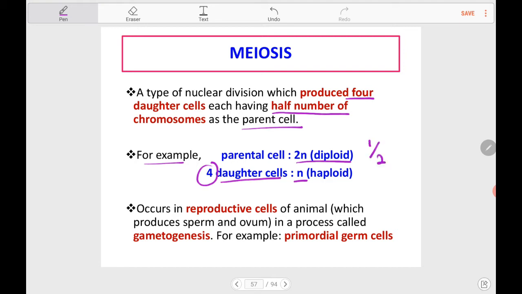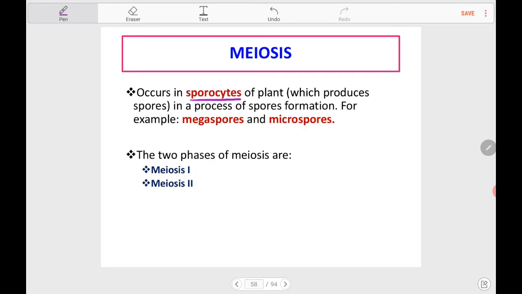So meiosis occurs in reproductive cells of animals, which produce sperm or ovum in a process called gametogenesis. An example of a reproductive cell is the primordial germ cell. In plants, meiosis will occur involving a cell known as sporocyte.